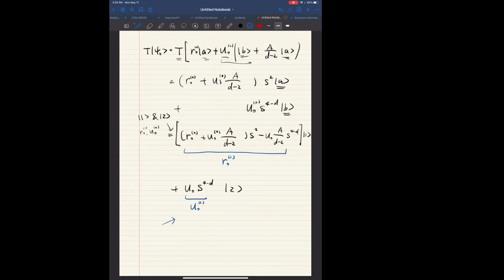So which gives you all the flows. So basically what I want to say is this is what you have for R0 and mu 0, and this is the fixed point.